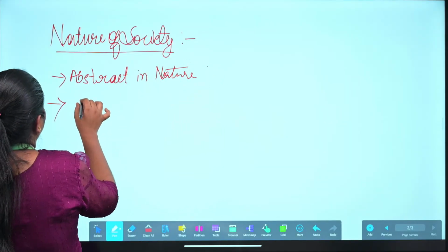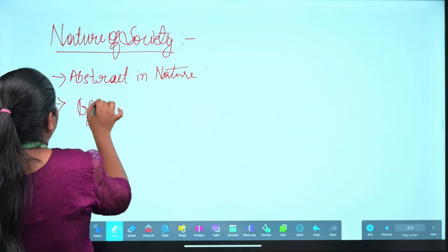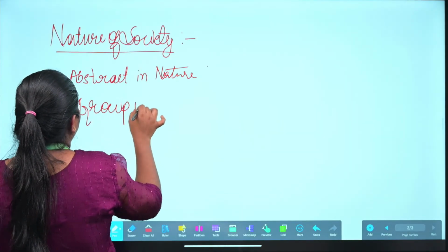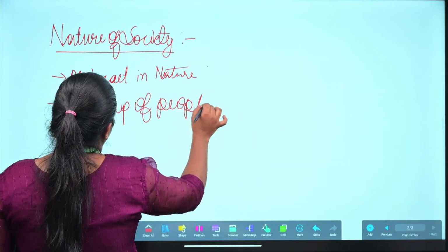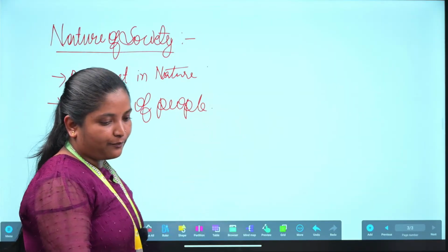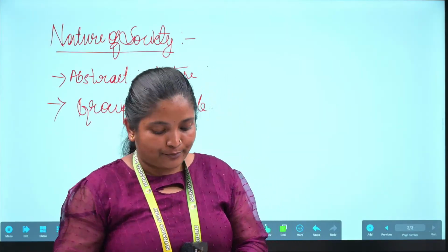Abstract in nature, including a group of people. Group of people means society consists of people.